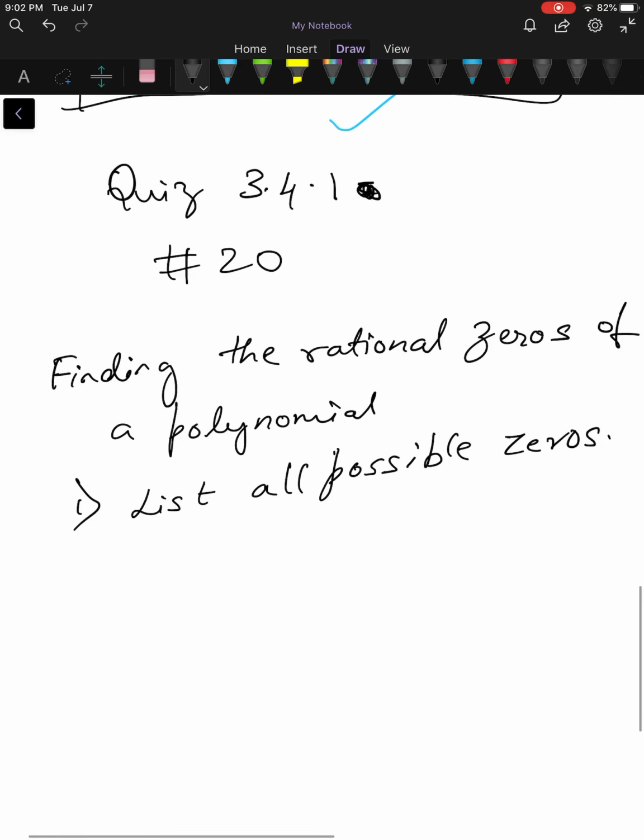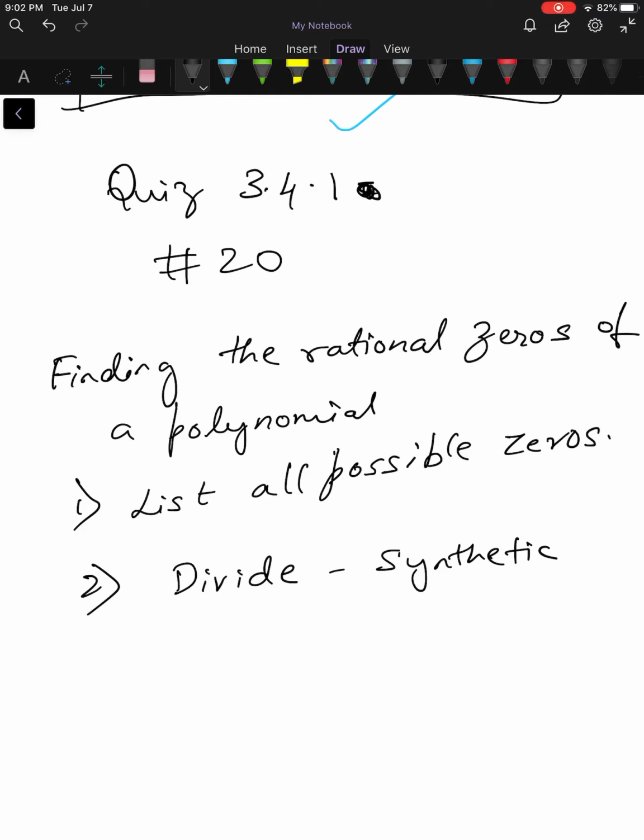So second is divide, that is, use synthetic division to evaluate the polynomial at each of the candidates for rational zeros that you found in step 1. So when the remainder is 0, you know that the quotient is obtained.